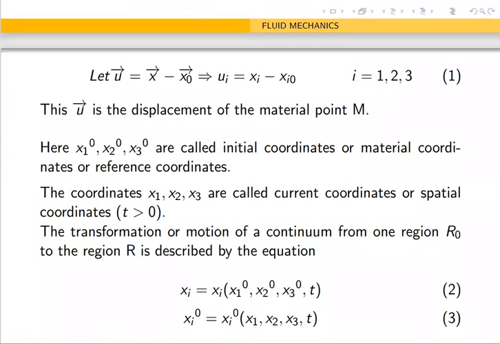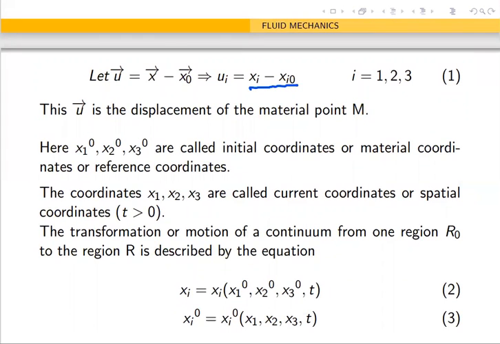Let us take u, which is the difference between the position vectors, x minus x naught. u, x and x naught are vectors, so we can use a suffix: ui is equal to xi minus xi naught, i equal to 1, 2, 3.